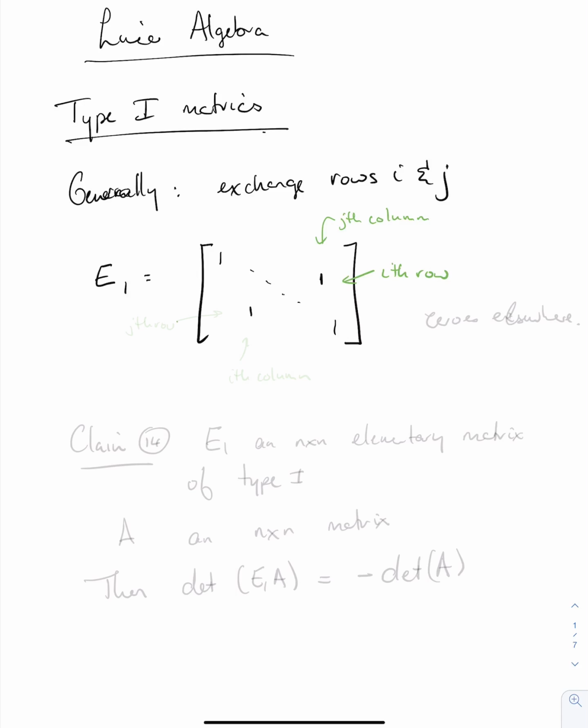And in the jth row, it will have a 1 in the ith column. It will have zeros elsewhere. So a type 1 matrix that exchanges rows i and j is basically derived from an identity matrix, but then you exchange row i and j of that matrix.